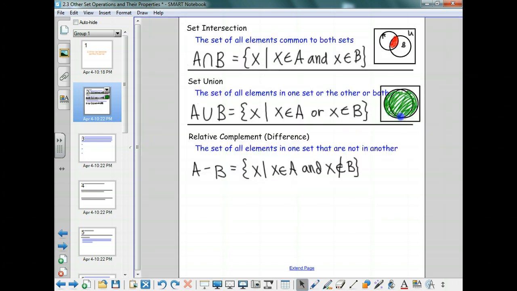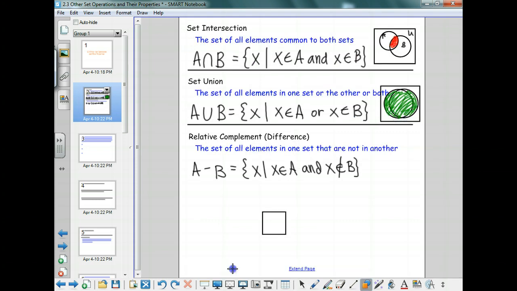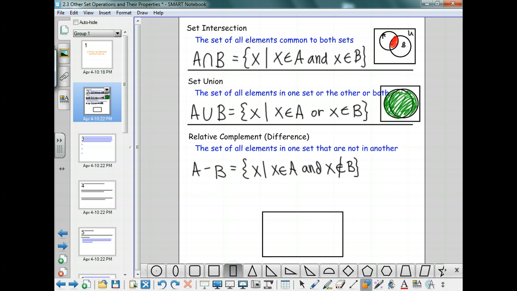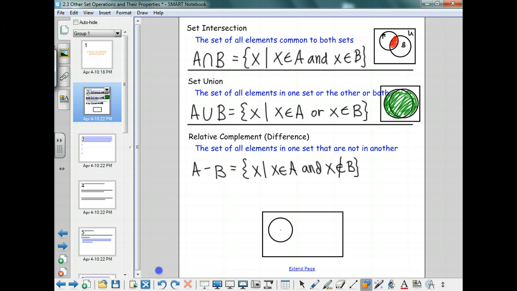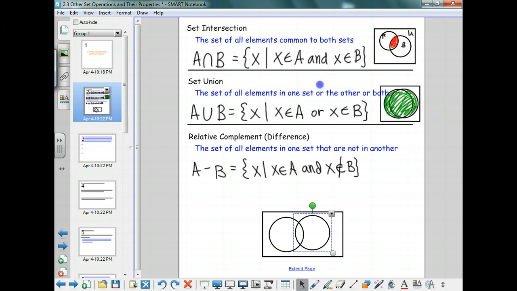And then to do the difference or the relative complement, here's set A, here's set B, and here's the universal set.